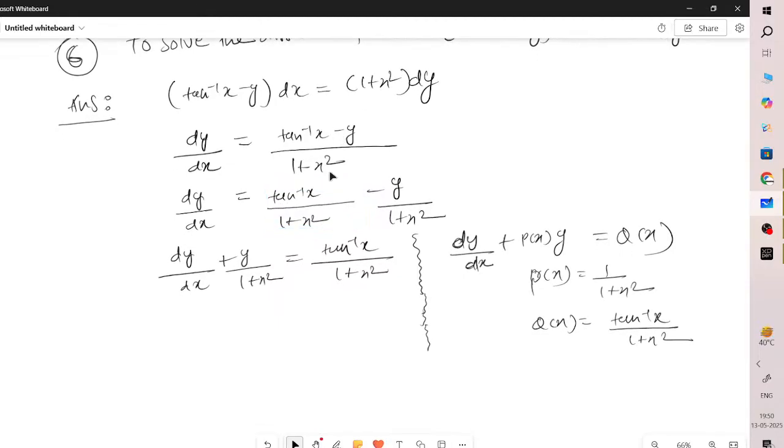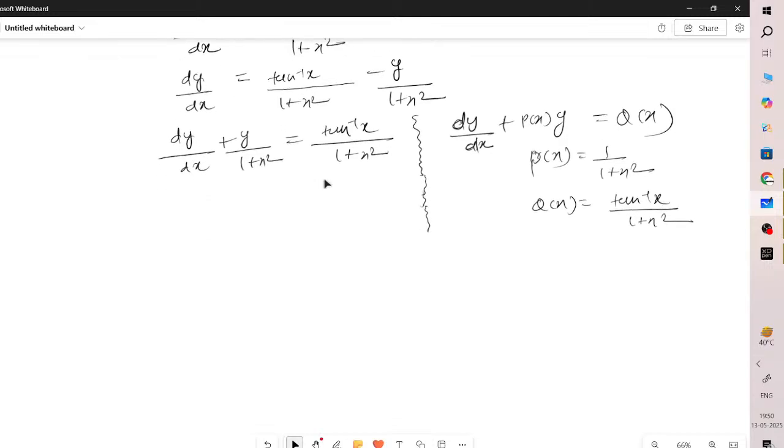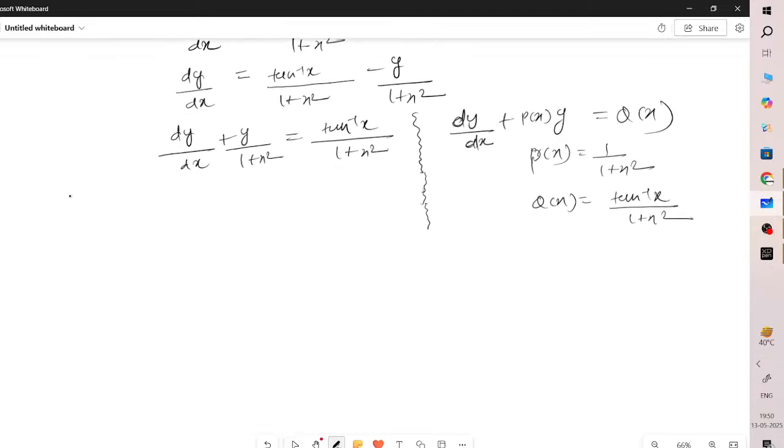Now we know that in this type of equation, our general solution takes the form y times the integrating factor equals the integral of Q times the integrating factor dx plus c.